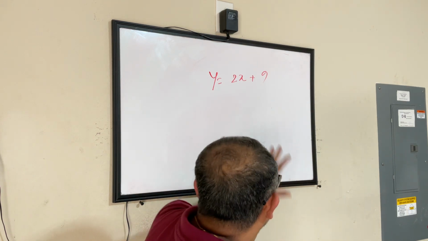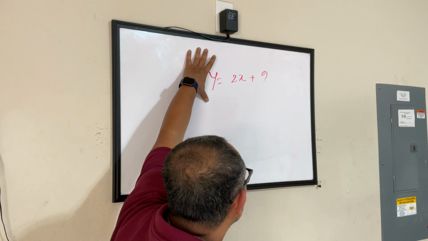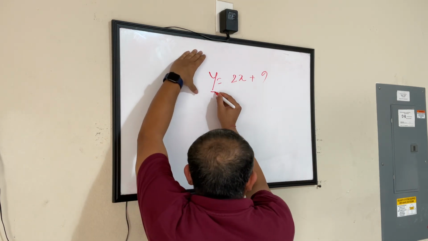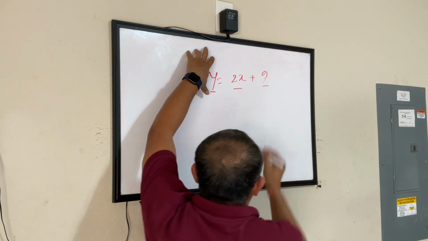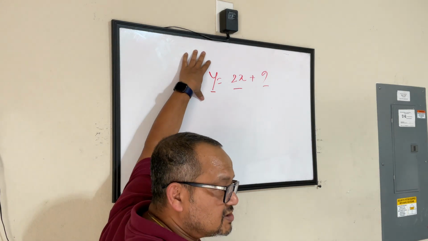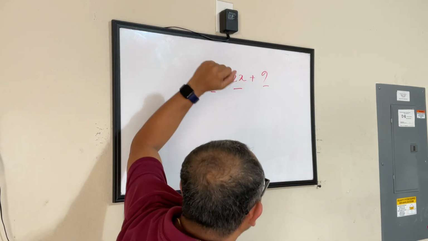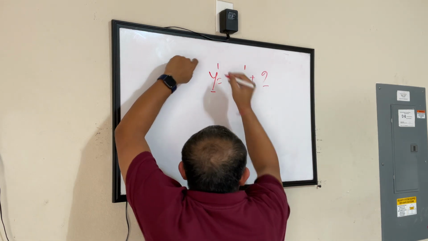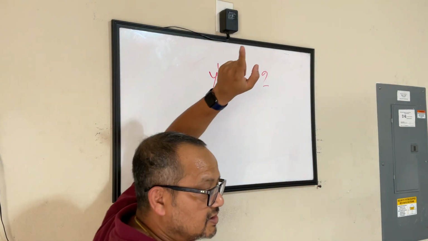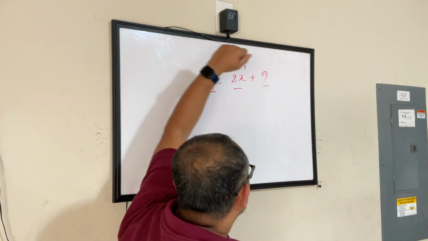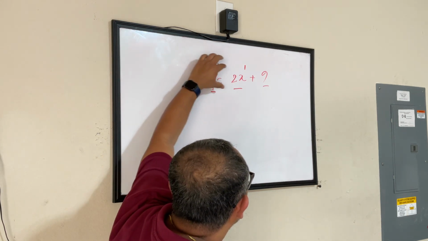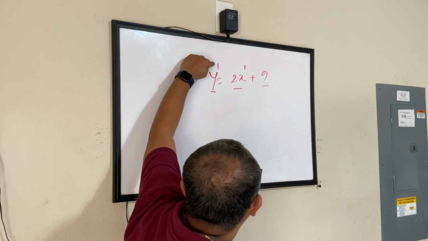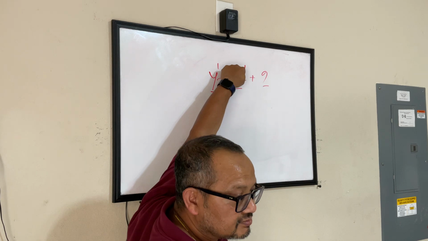So what we call a linear equation is an equation where I have a couple of variables, let's say 2 variables in the simplest form, and the maximum power of the variable is 1. Maximum power of the variable is 1. So here y is one variable, x is another variable, and both have maximum power 1.